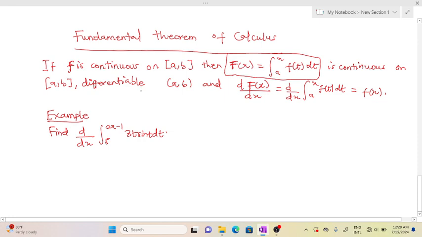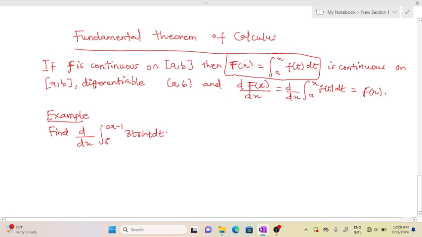Then that same function should be continuous over this and differentiable over this. Then the derivative of this bigger function, which is the same as the derivative of this integral function here, will give us our smaller f of x back again. That is the concept.